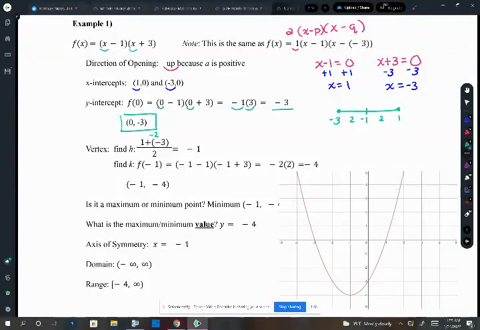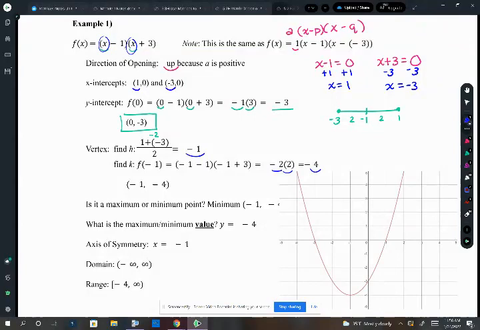So remember our equation again. Up here, we've got the x minus 1, x plus 3. So instead of putting in x, we're putting in the negative 1 that we found. So we're going to go negative 1 minus 1, which is negative 2. Negative 1 plus 3, which is positive 2, and negative 2 times 2 is negative 4.